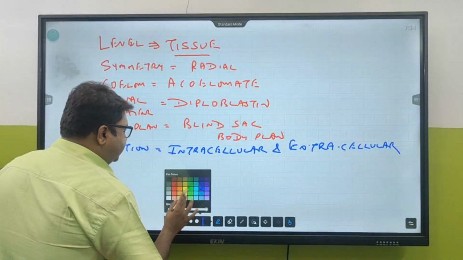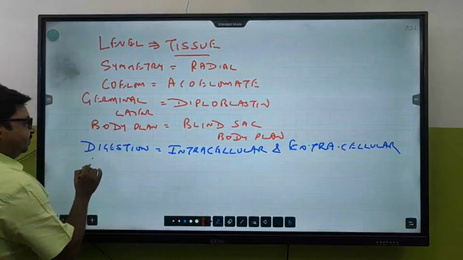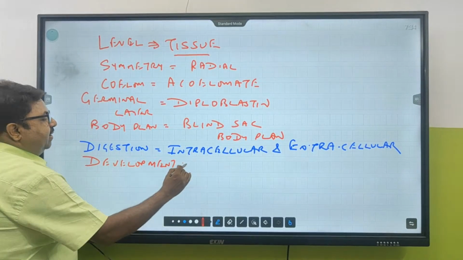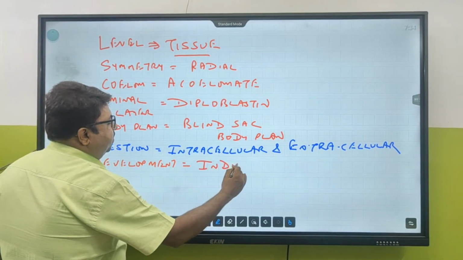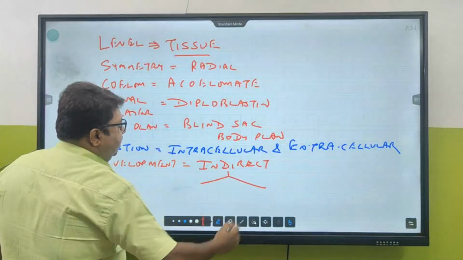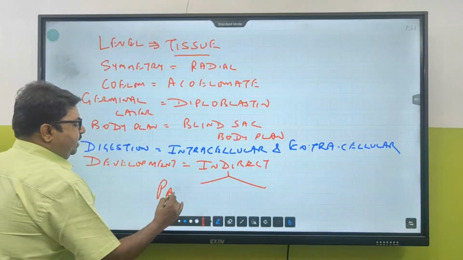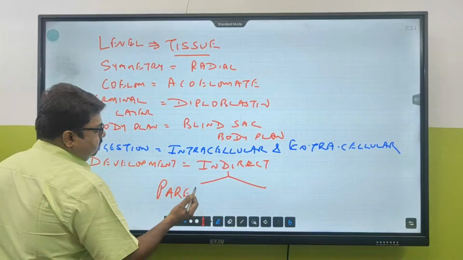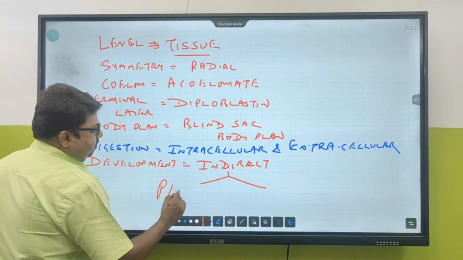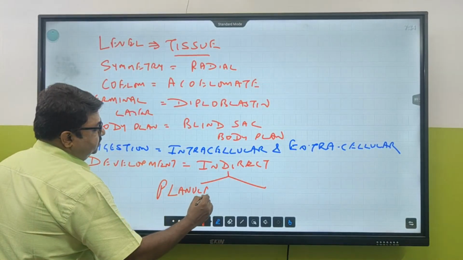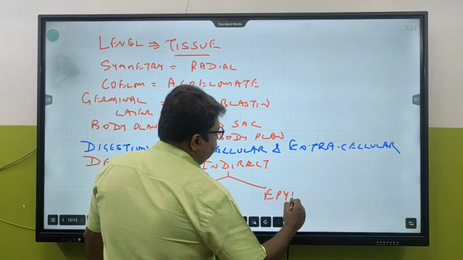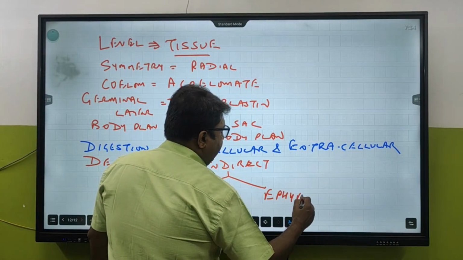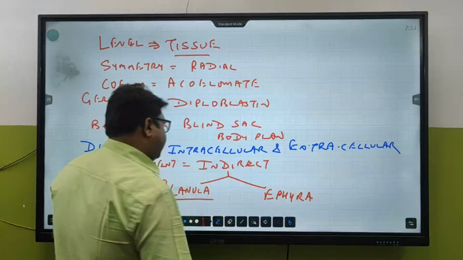Clear? Tell me about their development, direct or indirect? They show indirect development because they have got larva, and the names of the larva are planula and ephyra.